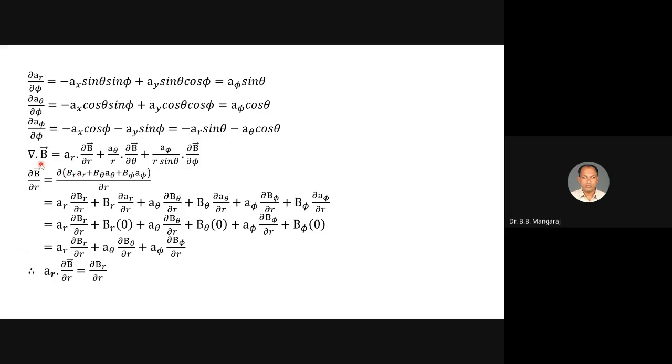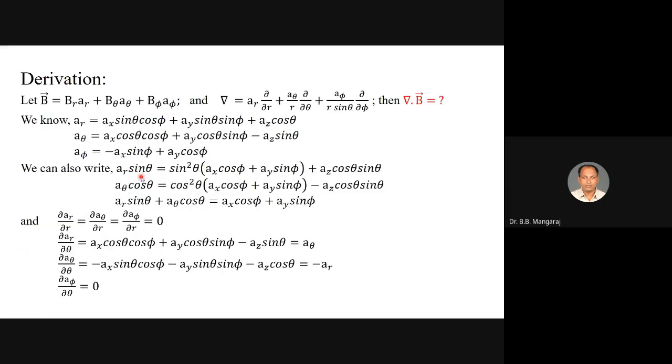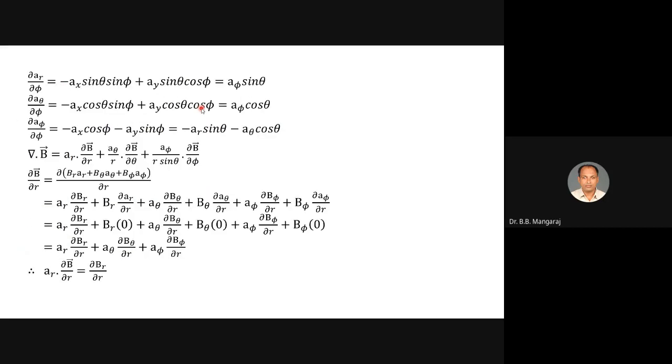The divergence of v, we can write a r dot del v by del r plus a theta by r dot del v by del theta plus a phi by r sin theta dot del v by del phi. So three dot products we have to find out. Let us find out the first, this one. Del v by del r, this is the v vector. Already we have seen this one here. It has three components. So here the two parameters, for these two parameters partial derivative will be a r del b r by del r plus b r del a r by del r.